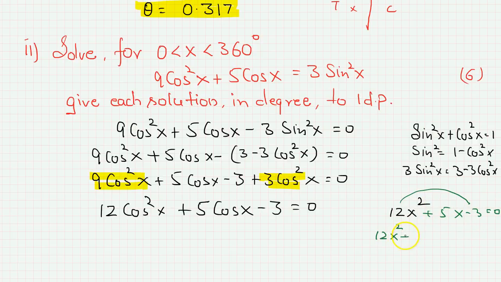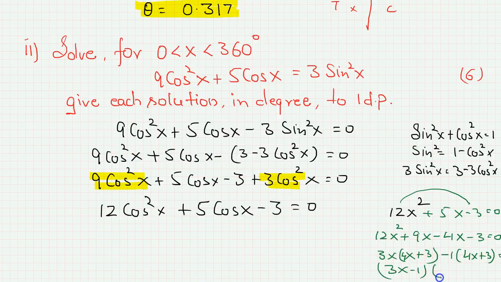So it will be 12x square plus 9x minus 4x minus 3 is equal to 0. 3x common, 4x plus 3, 4 times 3 is 12, minus 1 common, 4x plus 3. So it is 3x minus 1 and 4x plus 3.